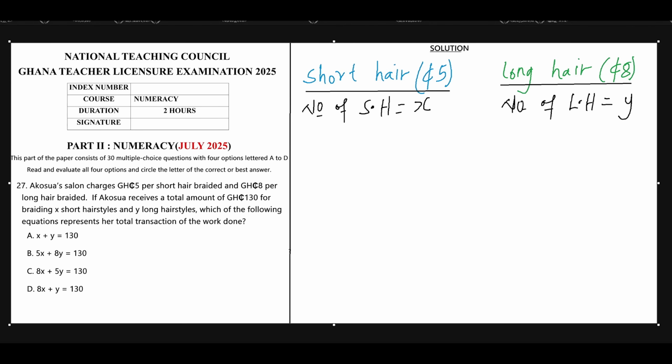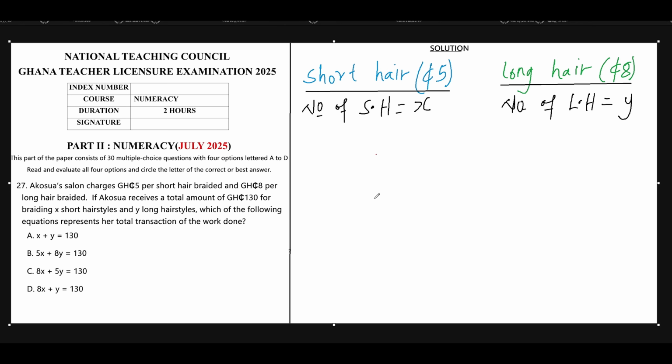So now, let's assume we decide to use actual money for the cost of long hair. So let's say in the shop, we are just representing the number of short hairs.